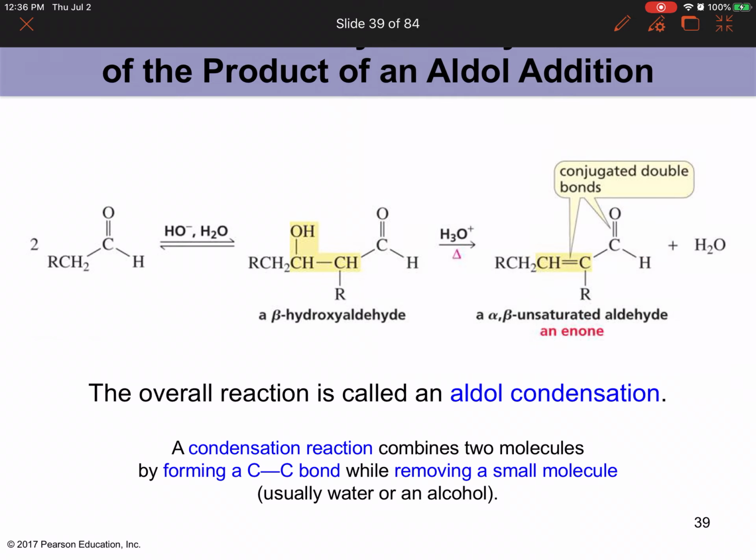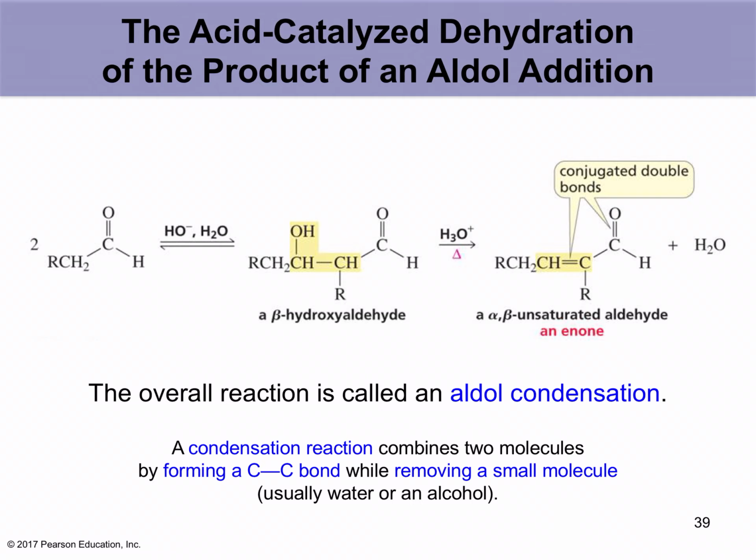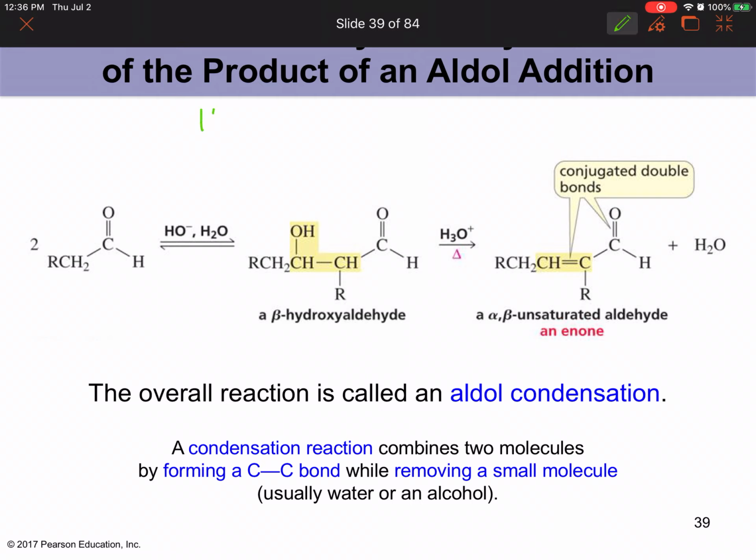For example, let's see how this is going to happen. This is the carbonyl, this is one molecule, and this is the carbonyl carbon right there, CH2, and then this is going to be your R group. That is one of the aldehydes, so it's going to form a carbanion right there. And then from the other one, you have a carbonyl group over here, a CH2R group, and then you have hydrogen over here.